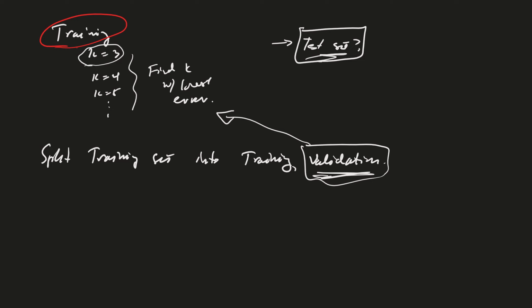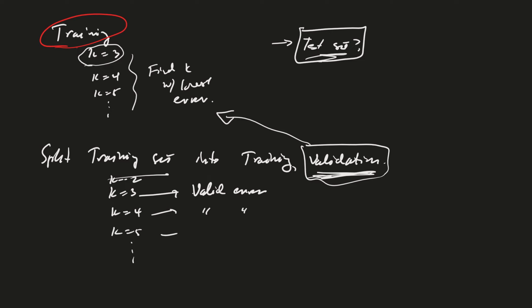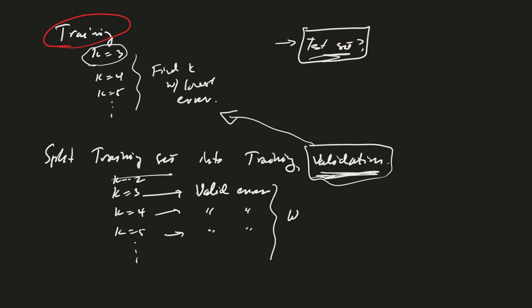I've got my training set and my validation set, and I build my model for k equals 3 and use the validation error. Then k equals 4, and I could even do k equals 2, get the validation error, and so on. And then my question would be, which k works best?